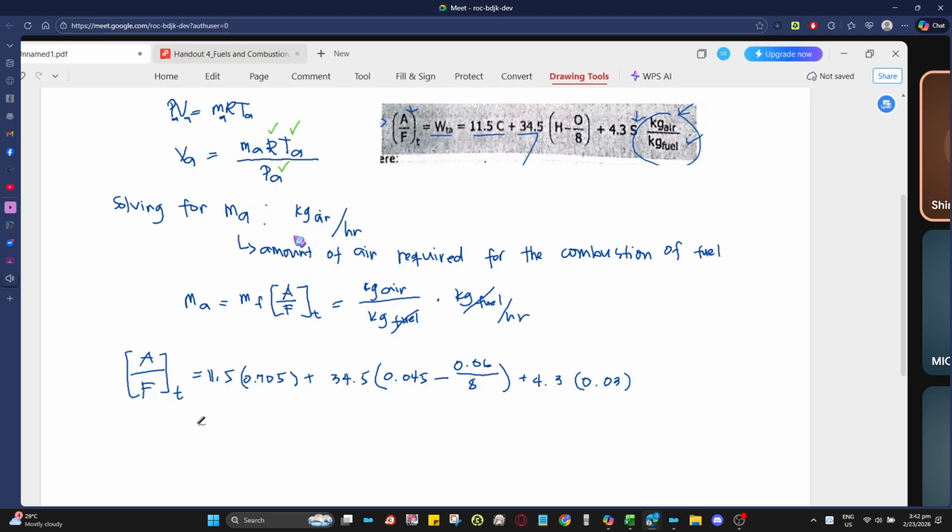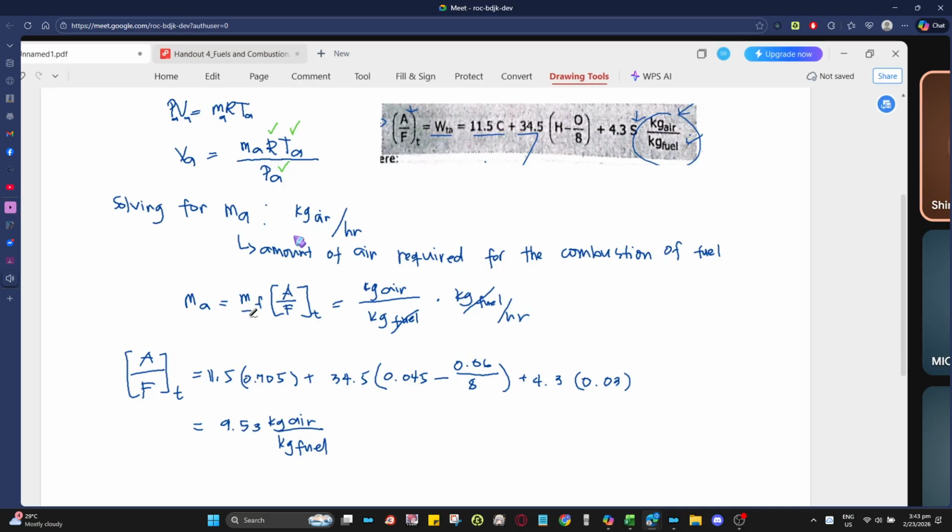So this is equal to 9.53 kilogram of air divided by kilogram of fuel. Okay, so naana tayo air fuel ratio.